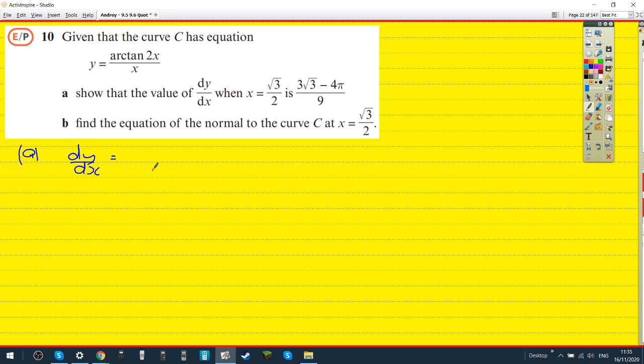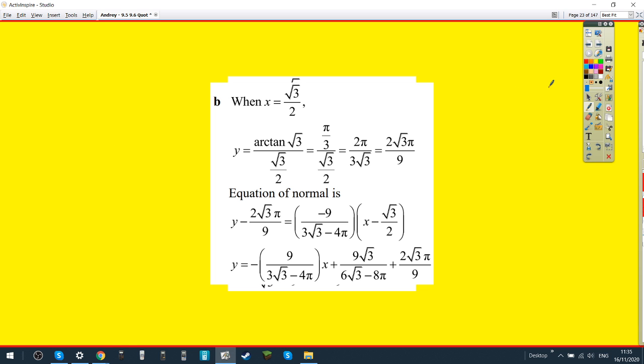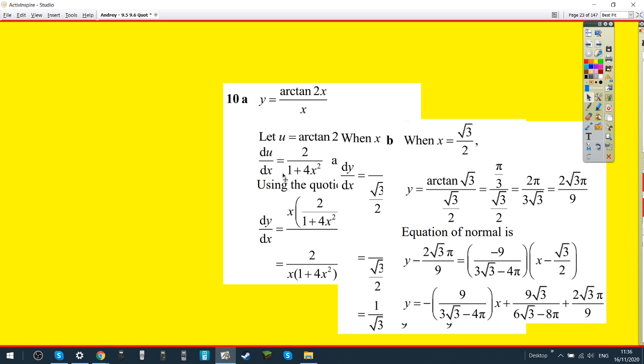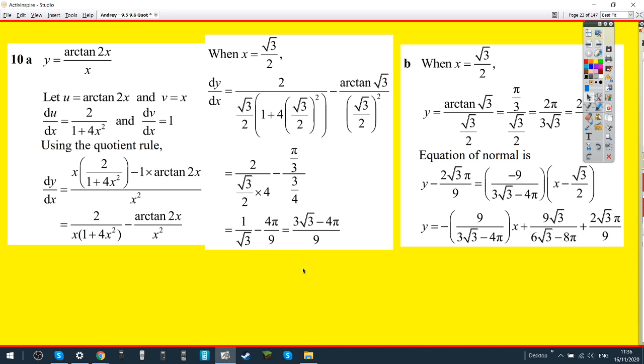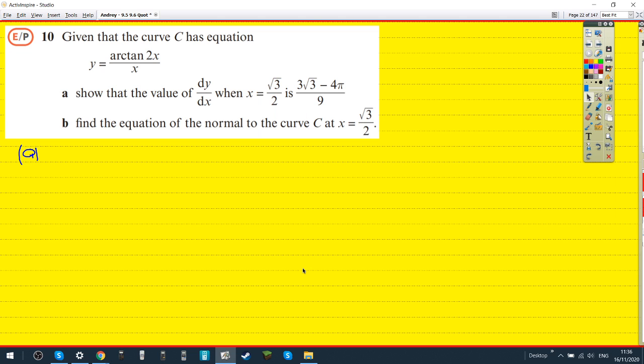But we have to show that before we go crazy. So they just went straight to quotient rule.